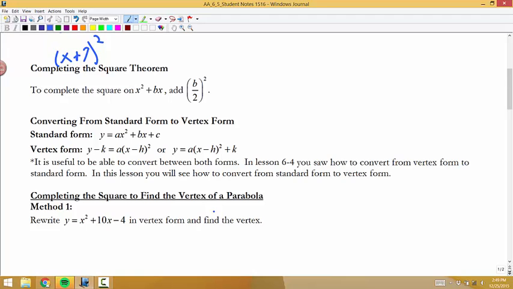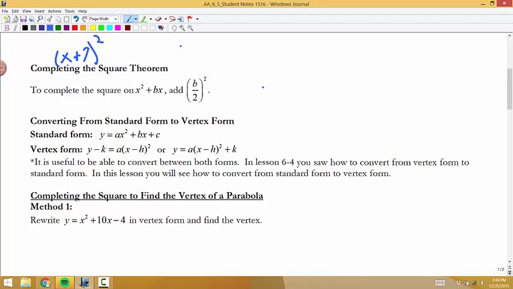Alright, this leads to what we call the completing the square theorem, and it says the following. If we have x squared plus bx and we want to complete the square, to make a perfect square trinomial, all we need to do is take this b value, divide it in half, and square it.